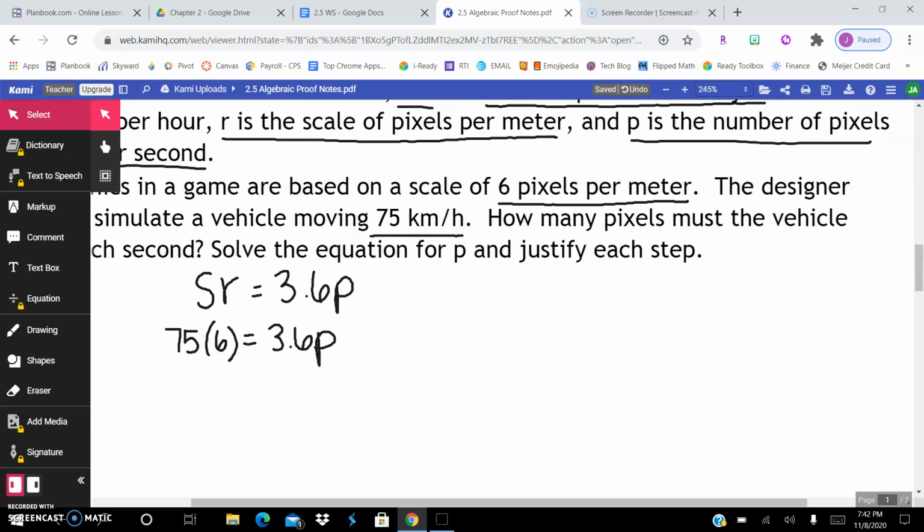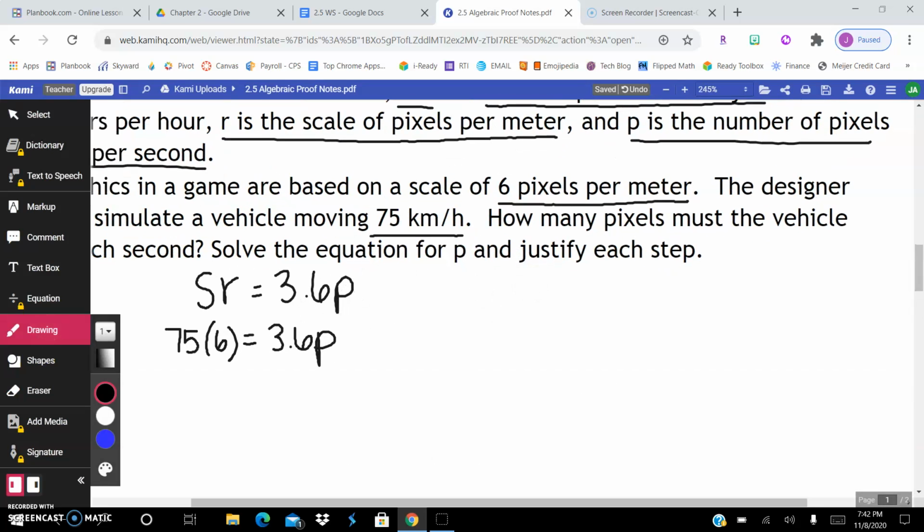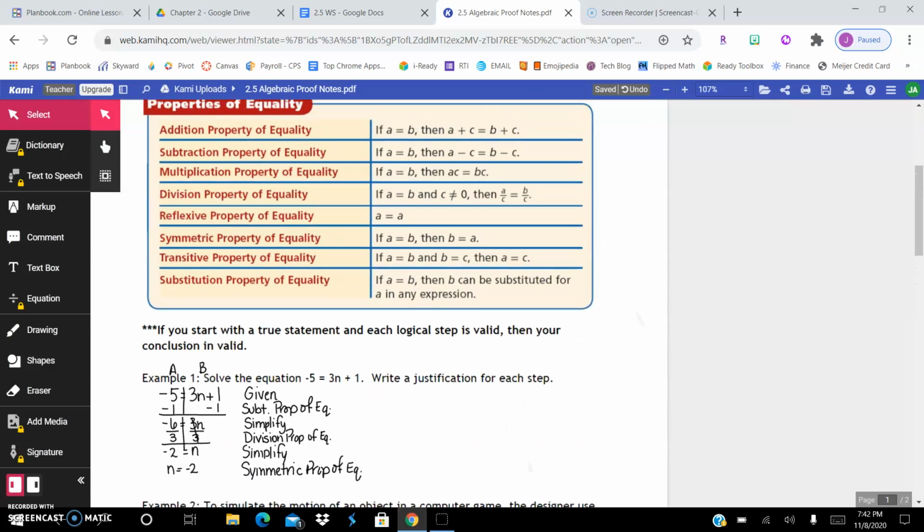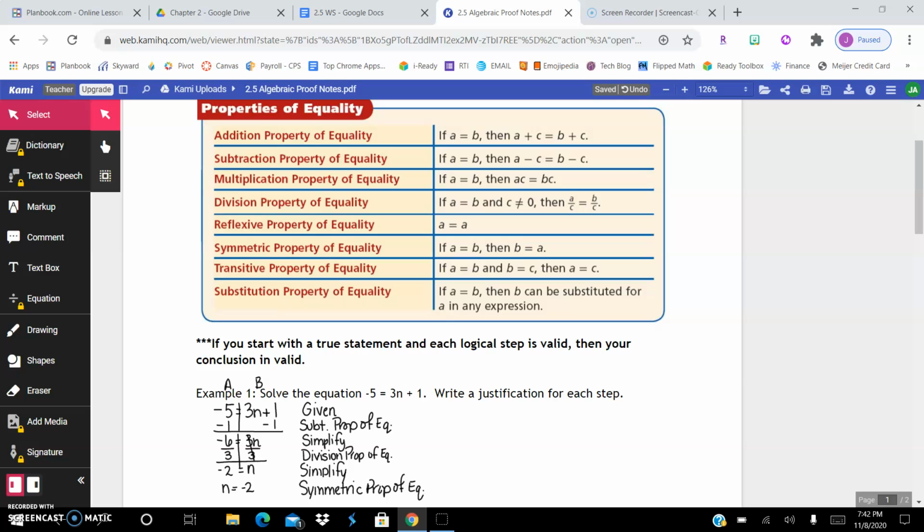So our proofs over here, this was given to us. And then I plugged in numbers. So if I go back and look at our chart, which one talks about being able to plug in numbers or substitute numbers?